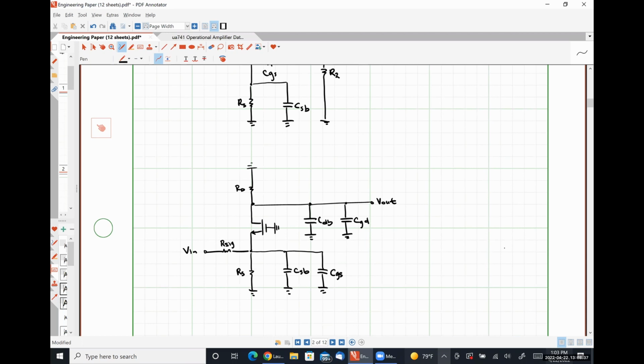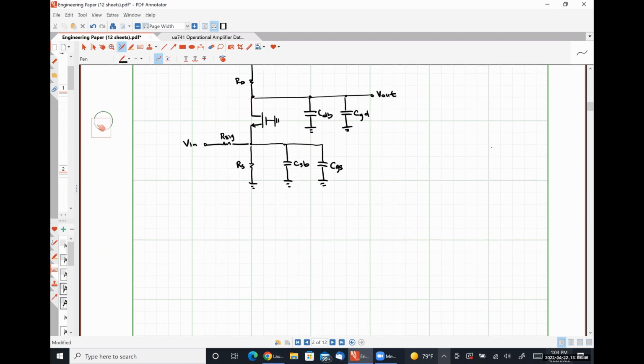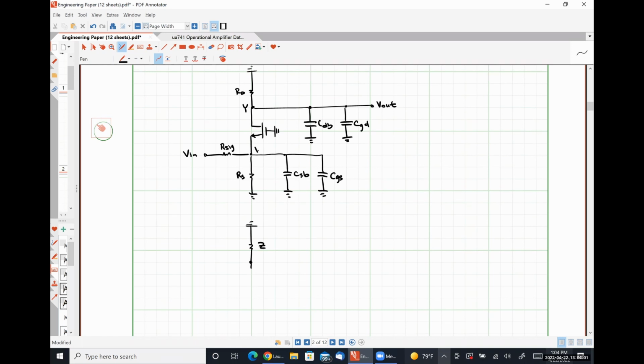So this is a simplified view. Let's actually take it one step further. One more simplification here, okay? I'm going to call this arbitrarily node Y and this guy node X. So I'm going to call this ZY, which is literally just RD in parallel with 1 over S(CDB plus CGD).